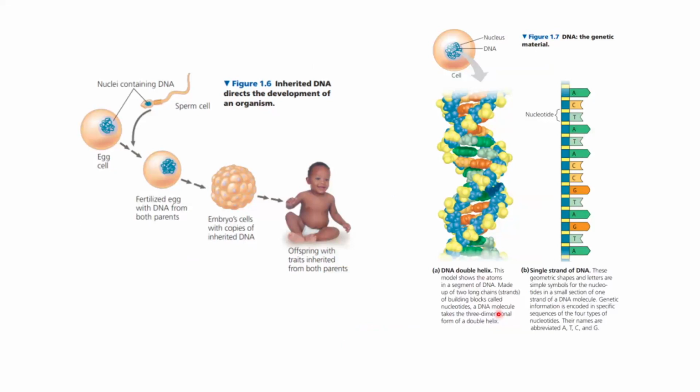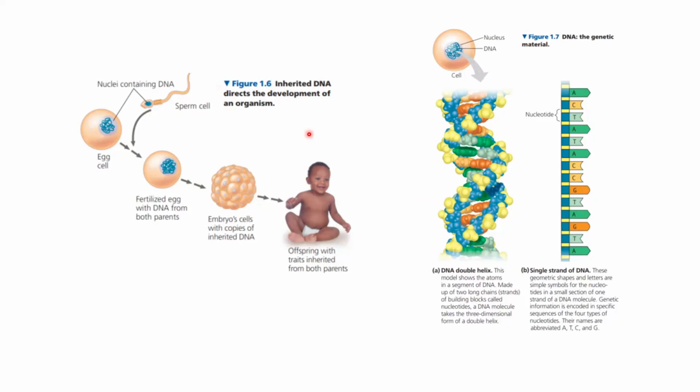And then a broad overview of diving in deeper into the cell and its relevance to life and making an organism. As you can see here in figure 1.6 from the textbook, inherited DNA directs the development of an organism. Here you have sperm and egg combining. That gives the full genetic material.